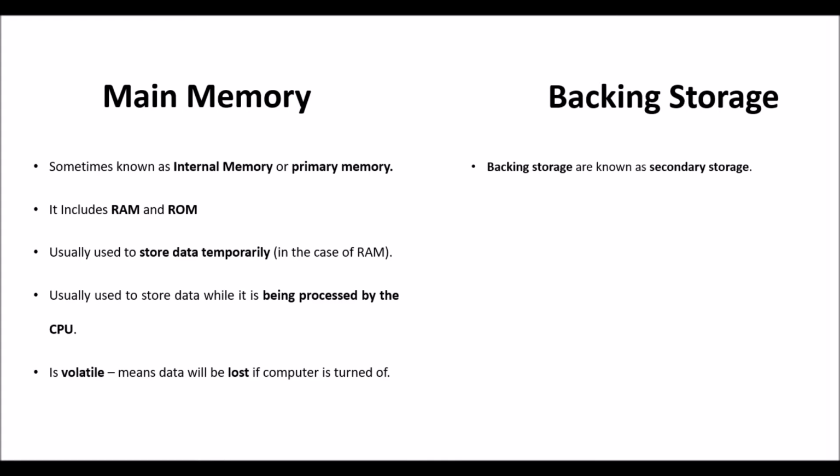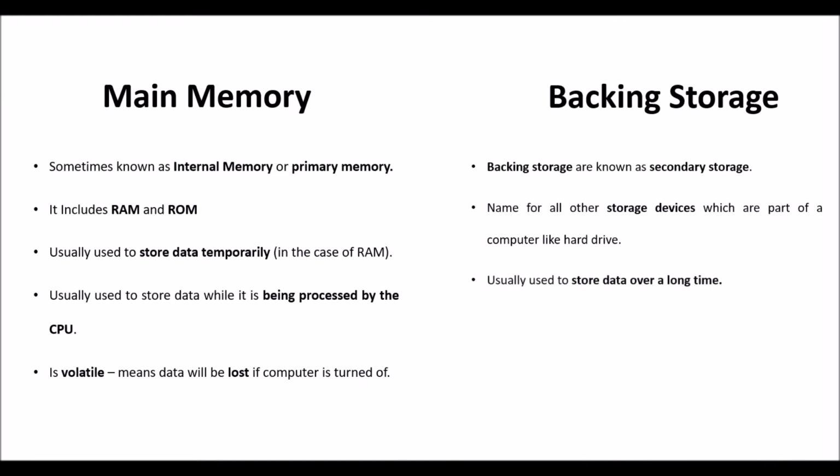All right. Now let's talk about backend storage. Backend storage is known as secondary storage. If they don't call it backend storage, then they can call it secondary storage or secondary memory. It is the name for all other storage devices which are part of a computer, like hard drive. They're usually used to store data over a long period of time.